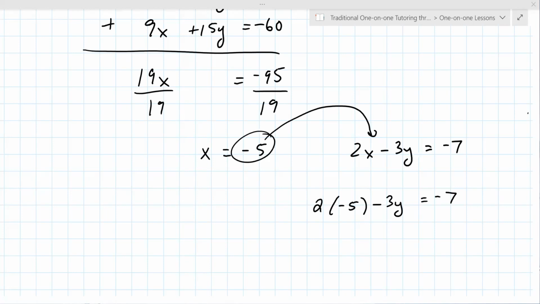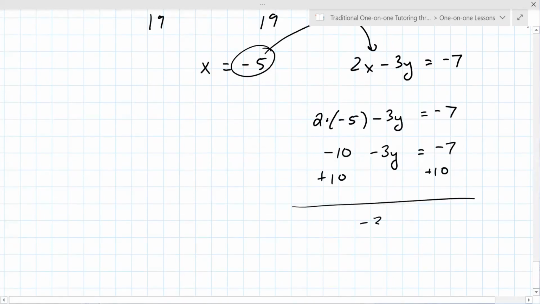All right. Are you caught up to this line? 2 times minus 5 is minus 10, minus 3y. Now we're going to add 10 to both sides. So this becomes minus 3y equals 3.